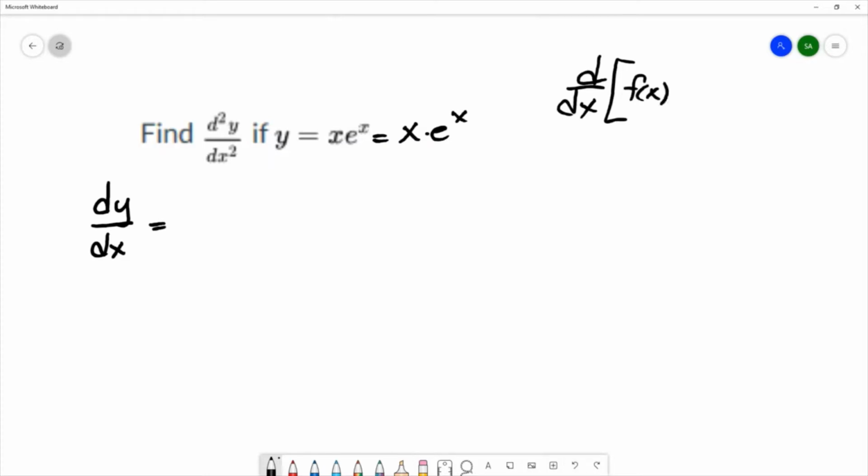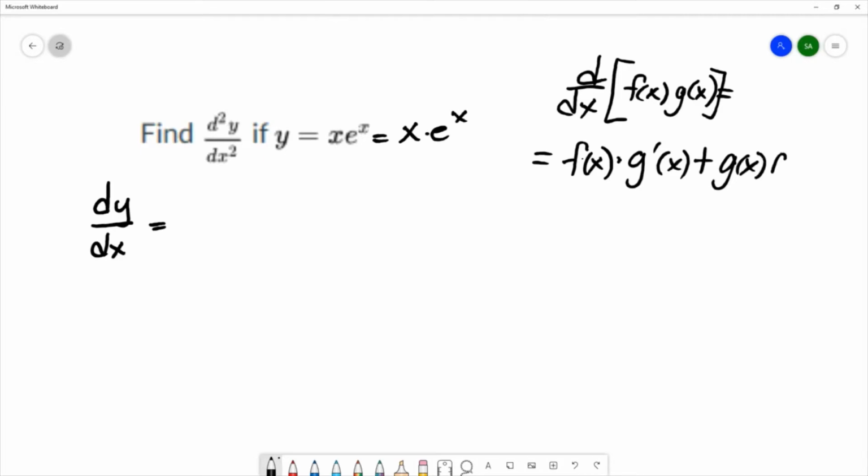We'll say f of x times g of x. And the way you calculate the derivative with a product is you're going to do the first factor times the derivative of the second factor plus the second factor times the derivative of the first factor.